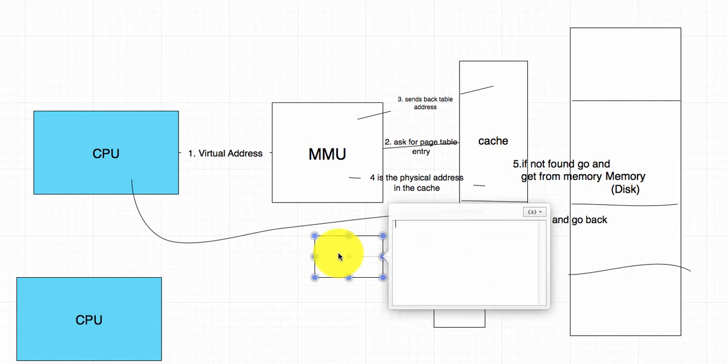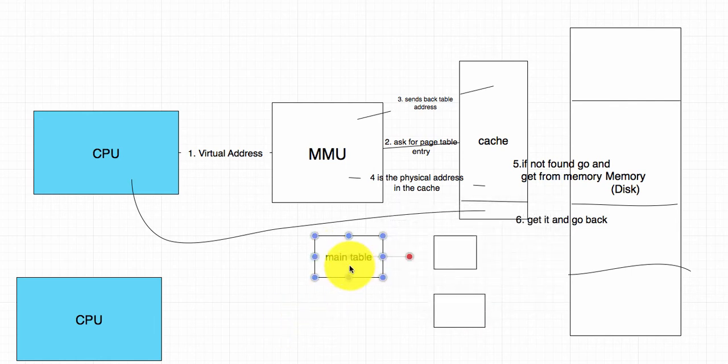What will actually happen is I'll have my main page table, which is all we've been talking about up to this point, which has all my links to what I need in the cache. But since I need so much, my main page table, instead of linking to the physical addresses, is just going to link to other page tables.